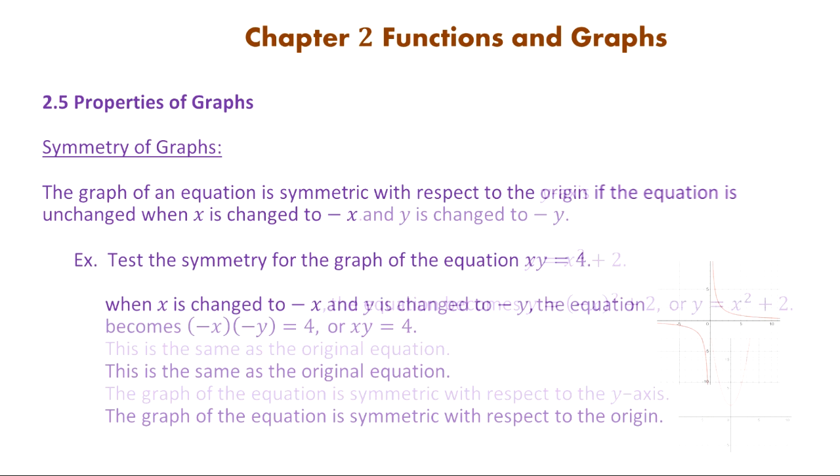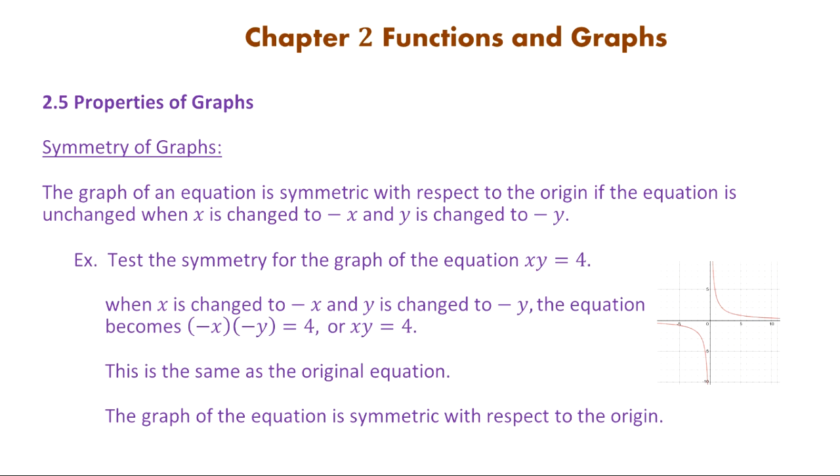Okay, so those are the first two types, and there's another type of symmetry we talk about. That's the symmetry with respect to the origin. This is point symmetry. The previous two types we talked about are symmetric with respect to lines, but this time we talk about symmetry with respect to a point, the origin.